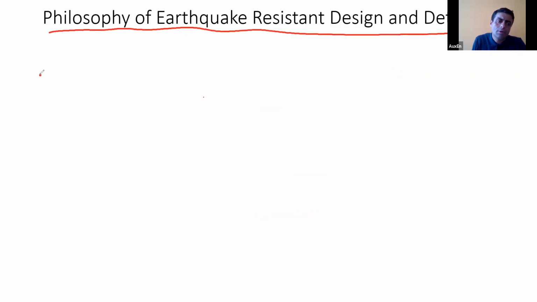It is very important that you understand the thought behind the ERDD. Once you understand the philosophy, then the codal provisions will start making sense to you. I wanted to do it today, but it will be better if we can do it tomorrow. All right. Is it clear?